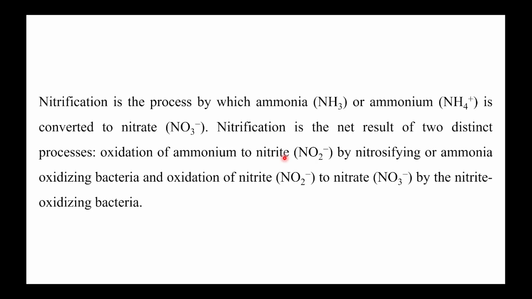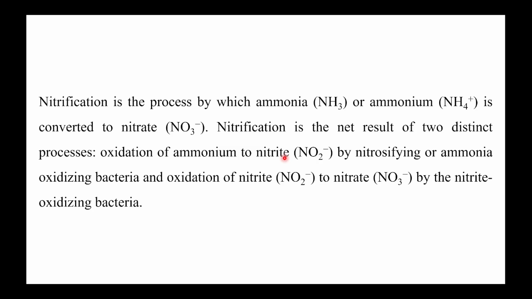So, nitrification is the process by which ammonia or ammonium ion is converted to nitrate. Nitrification is the net result of two distinct processes. First is oxidation of ammonium to nitrite by nitrosifying or ammonia oxidizing bacteria, and then oxidation of nitrite to nitrate by nitrite oxidizing bacteria.